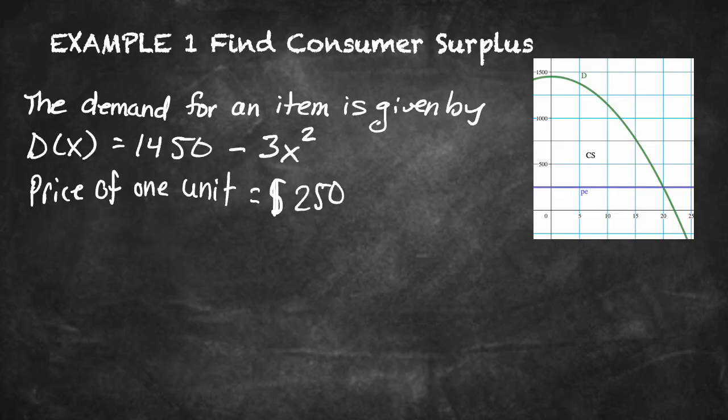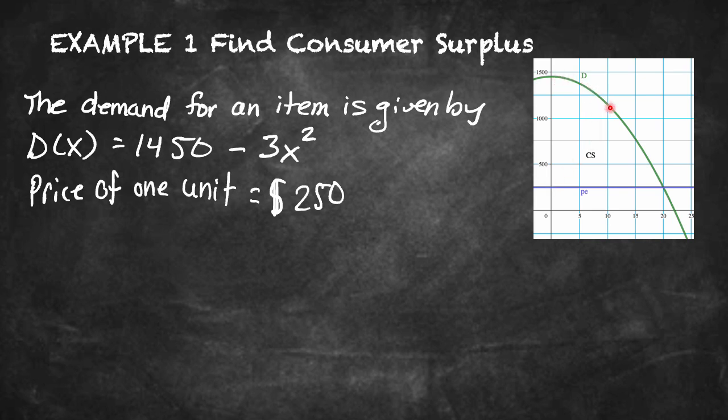For our first example, we're going to find the consumer surplus, and we're given that the demand function is 1,450 minus 3x squared. And we're also given that the price is $2.50. When we look at the graph, in green we have our demand curve, and this purple line represents the price at $2.50.